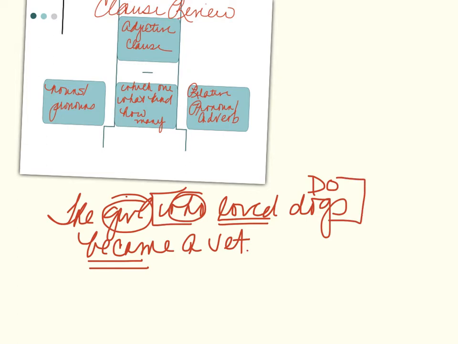Let's go through how we would analyze that. Who loved dogs modifies the girl, which is a noun. It answers which one, which girl, the girl who loved dogs, and it is introduced by the relative pronoun who.